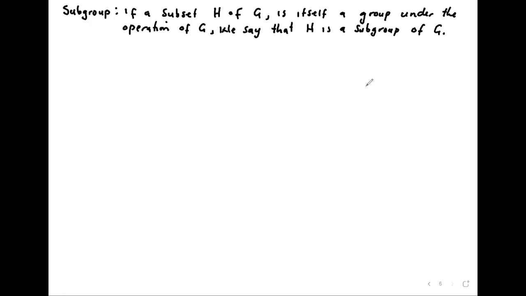So if I check Z2, it's a group under addition. Then I'm able to say that Z2, a subset of Z4, sharing the same identity as Z4, is a group, but then it's a subset of Z4. So it will be a subgroup of Z4.